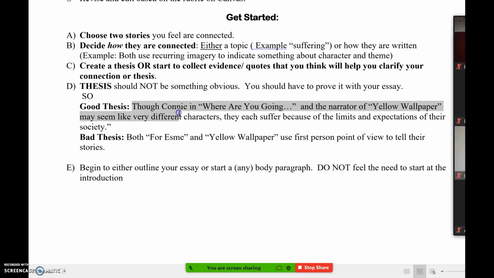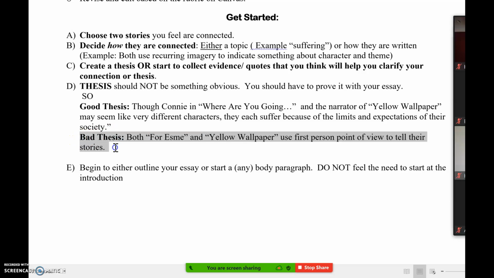So something like, though Connie in Where Are You Going, Where Have You Been, and the narrator in Yellow Wallpaper may seem like very different characters, because they're in different decades, she's a child, this is a married woman, the woman is thoughtful and internal, and Connie is thoughtless and sort of shallow, they each suffer because of the limits and expectations of their society. Right? So this is something that needs evidence. It needs to be proven.